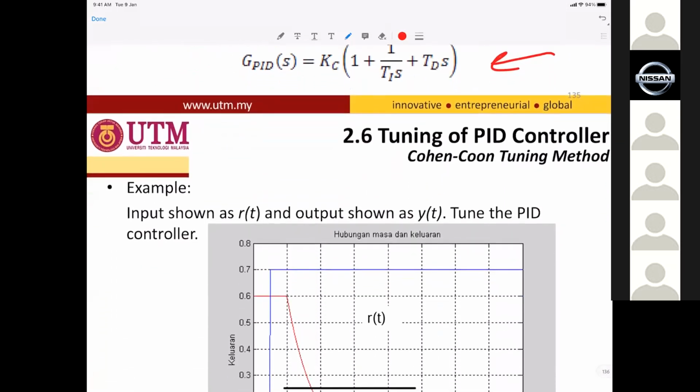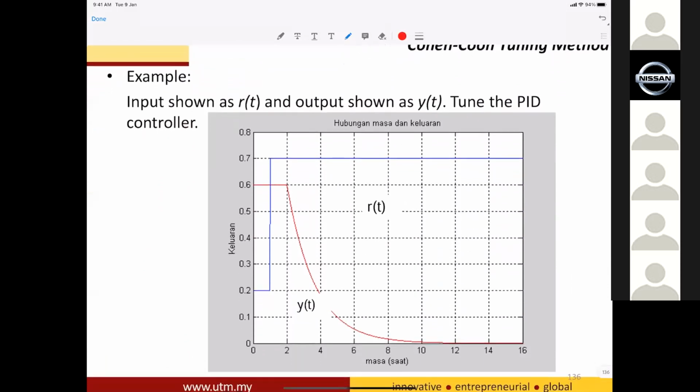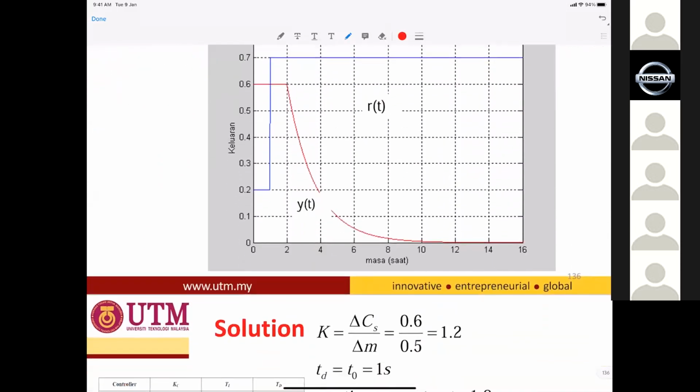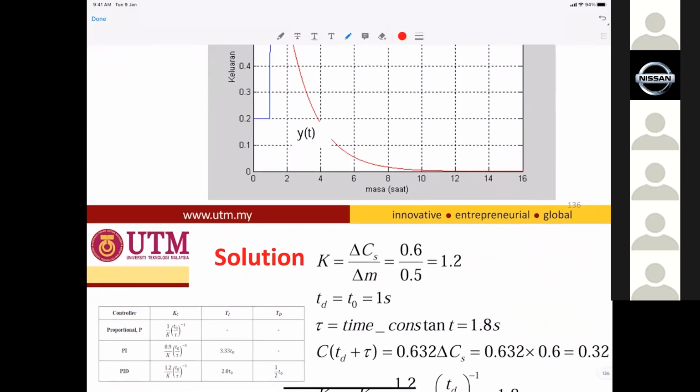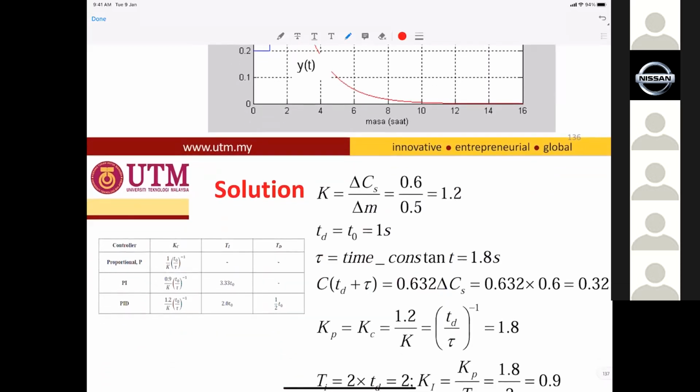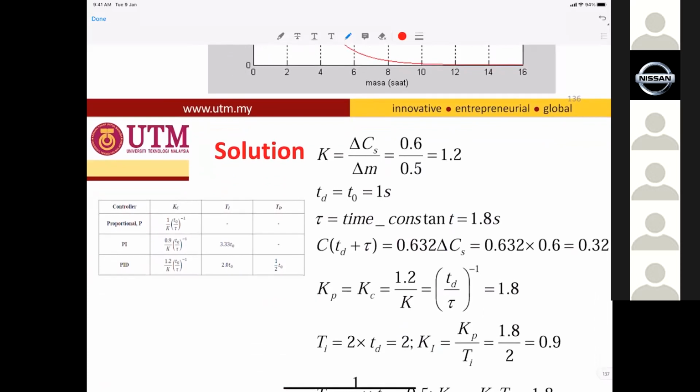So some examples for you to show here. You are given a plot, where K is equal to delta C, which is 0.6, and delta M is 0.5 volt. So divide, you get K 1.2. TD and T0 is the same, which is 1 second. Time delay 1 second, and the time constant is 1.8 seconds.